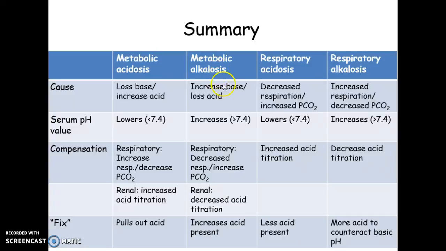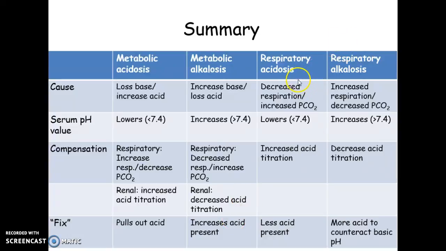Metabolic alkalosis, increased base, loss of acid, pH goes above 7.4. The respiratory system is going to try to compensate. Decrease respiration, hold on to that CO2, create the acid, counteract the base. The renal system can try to compensate by decreasing the acid titration, hold on to the hydrogen, and that allows it to increase acid.